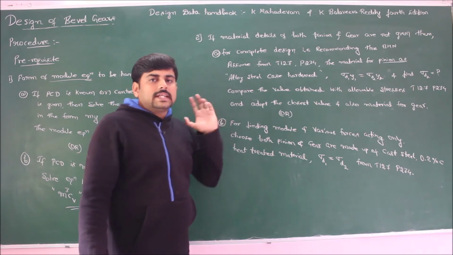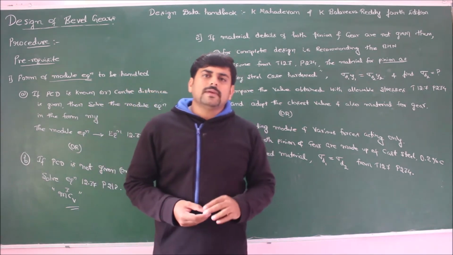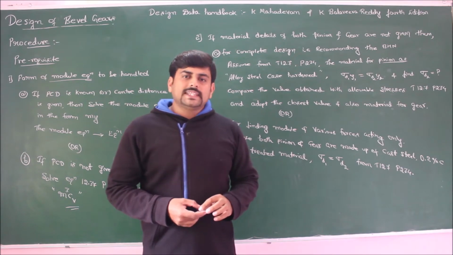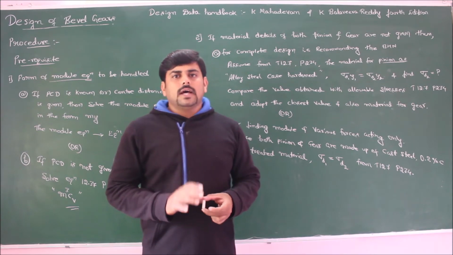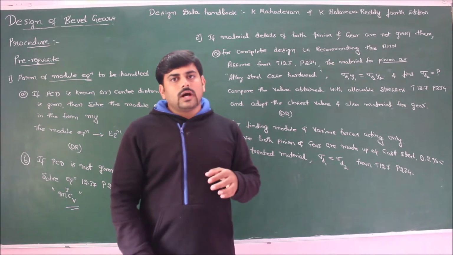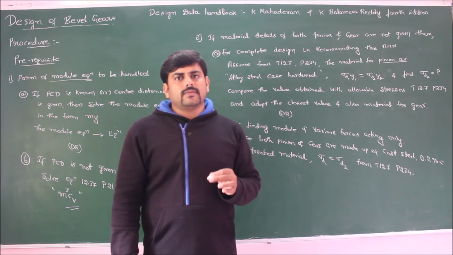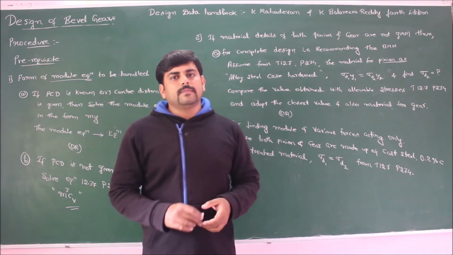For complete design of bevel gear, in which you will be recommending the BHN, that is the surface hardness required for the gear pair, you should choose the pinion material as alloy steel case hardened, because if you observe table 12.7, the core hardness is highest for alloy steel case hardened material.